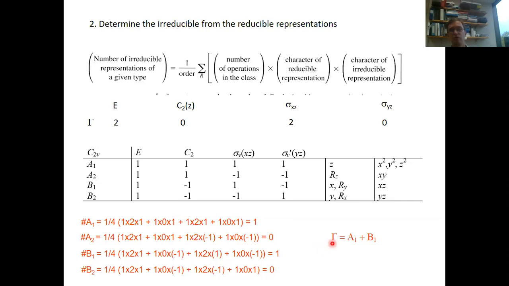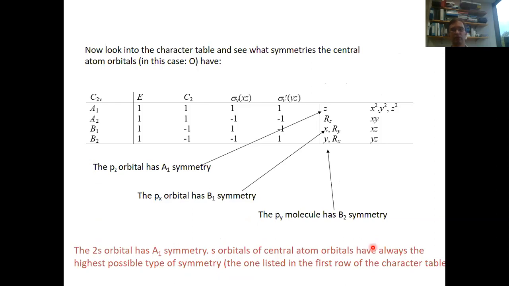So overall, we can say that our reducible representation is composed of one A1 irreducible representation and one B1 irreducible representation. Okay, so this is an important step forward because we now know the symmetry types of our ligand group orbitals.